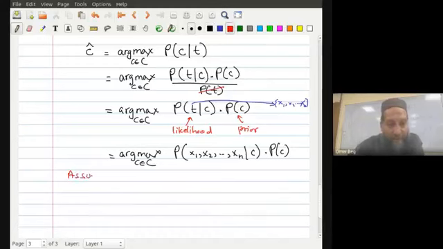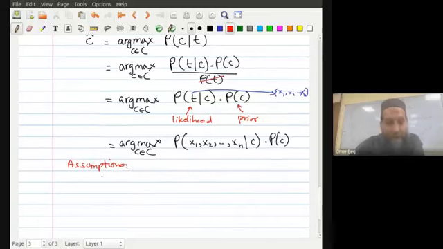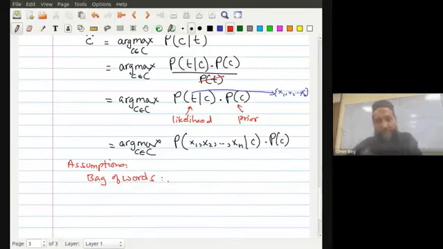There are a few assumptions that this naive Bayes model takes. I'm going to write these assumptions down before I expand this further. The first assumption, as I said, is the bag of words assumption, saying that the position of words does not matter.